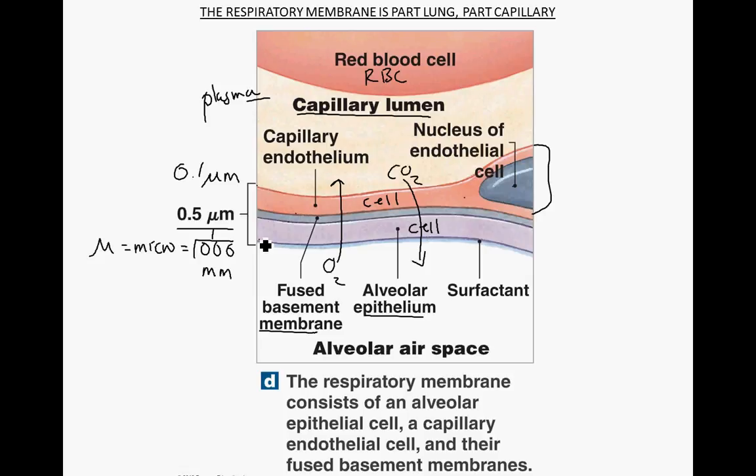This little light blue here is supposed to be a fluid secreted by these epithelial cells of the alveoli. It's a little bit of mucus that allows the oxygen and carbon dioxide to be dissolved and diffuse a little more rapidly.